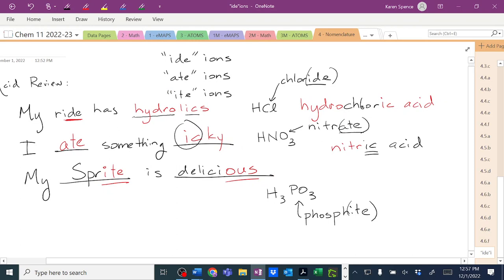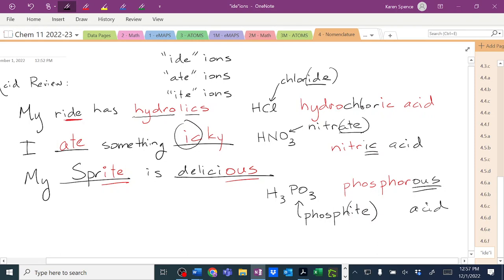And this one is going to be, I didn't choose a good one as the example, this one is going to be phosphorous acid.